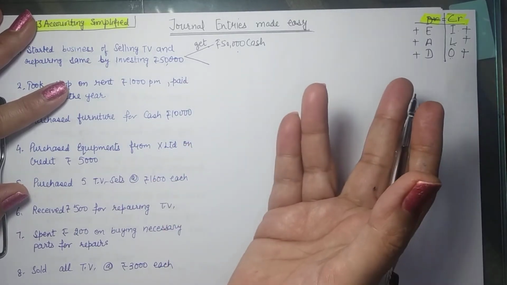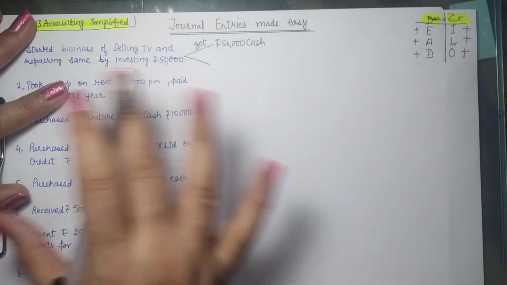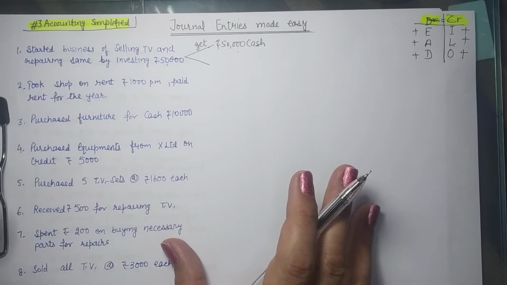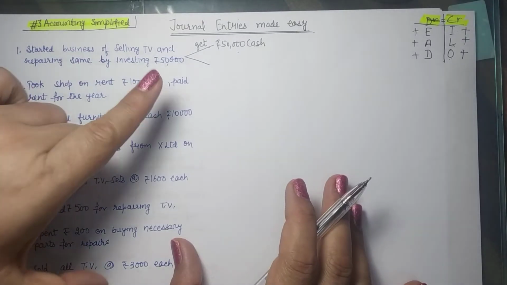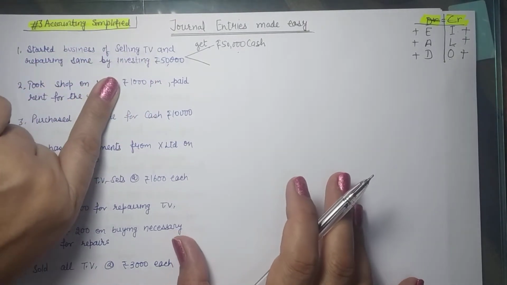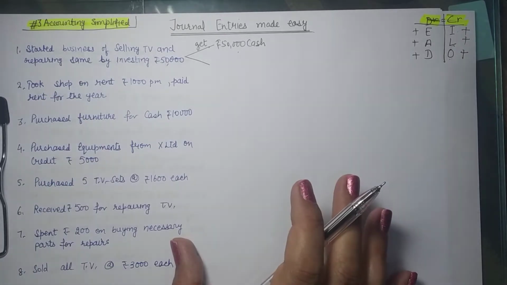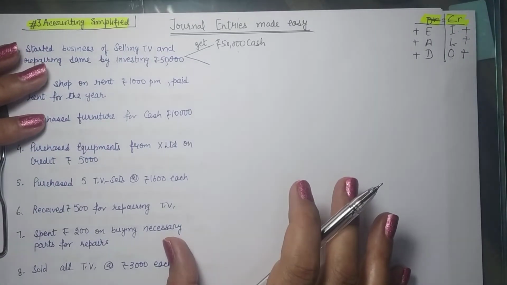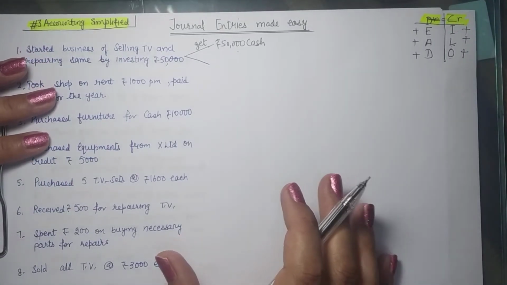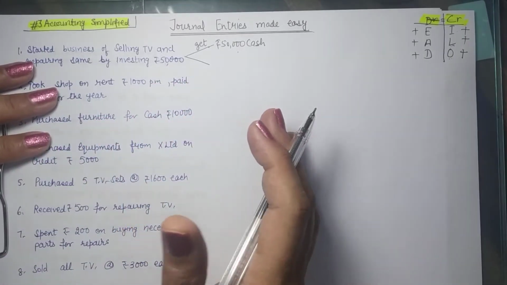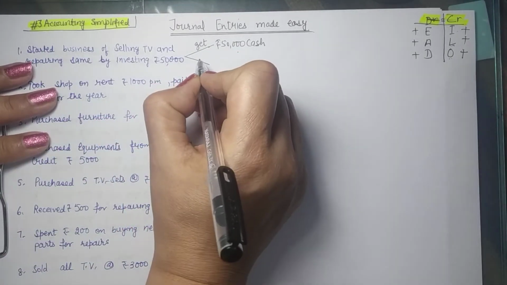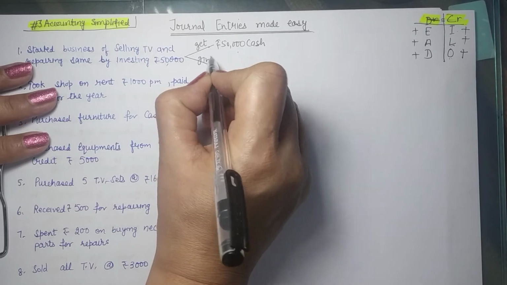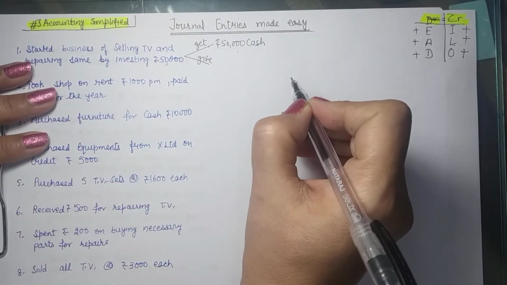What does it give? Does it give anything? At present it doesn't give anything. But yes, since owner has invested money, the business needs to return this money in the coming time whenever the business is to be closed or whenever the owner wants it. So you have got a liability, right? So what do you give? You give nothing right now, but you need to give it later on.